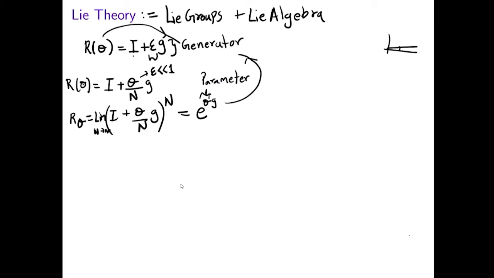And obviously the first question you should be asking me is, how can I think of e to the power theta g? Kind of crazy. But don't think too much. Don't think of trying to raise the matrix to the power of e. Instead, think of e as just the Taylor expansion.